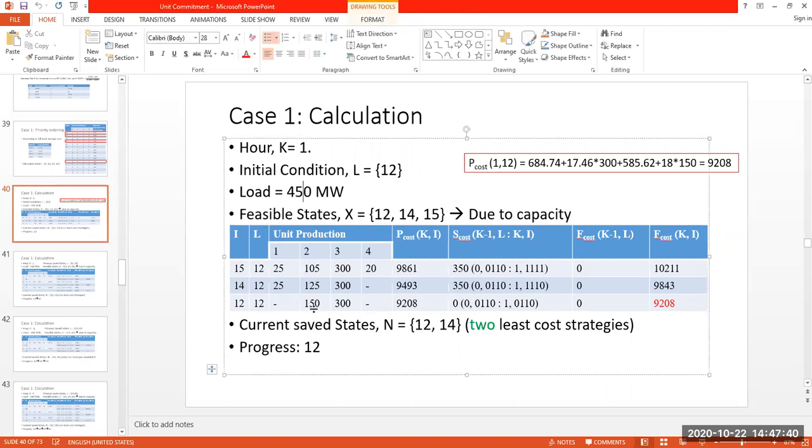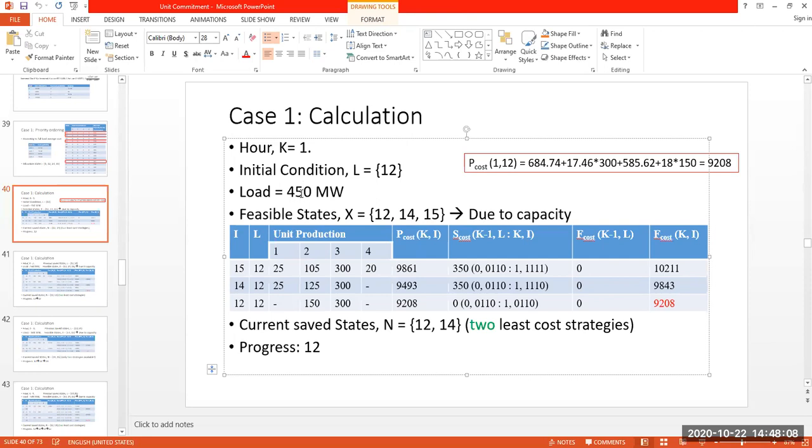How are we going to distribute the generation among the units? The technique we are following in this example is that the units with the first or topmost priority will be loaded first, and then we look for generation from the other units. The total load is 450.